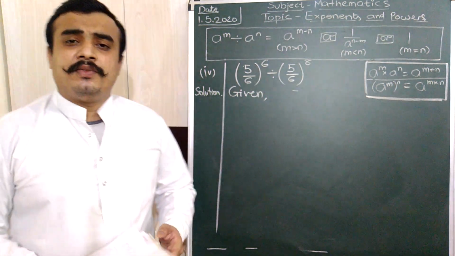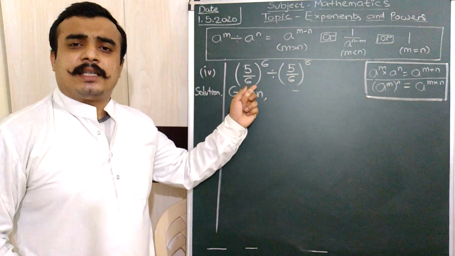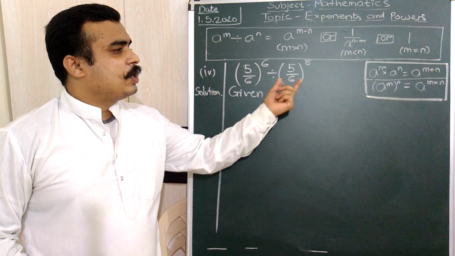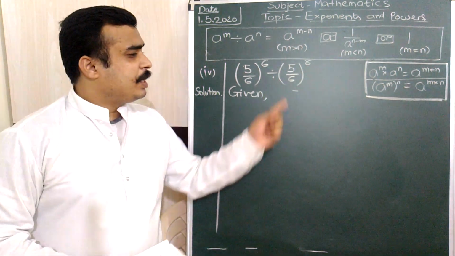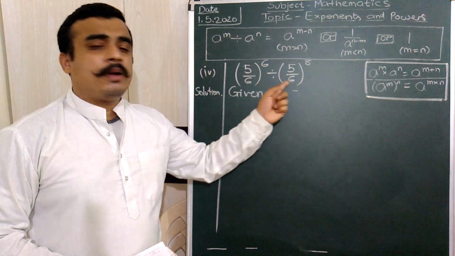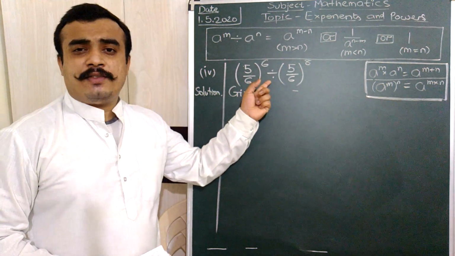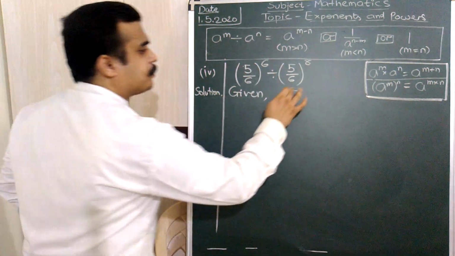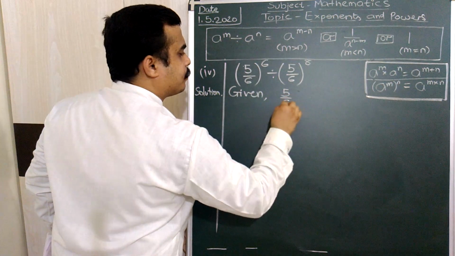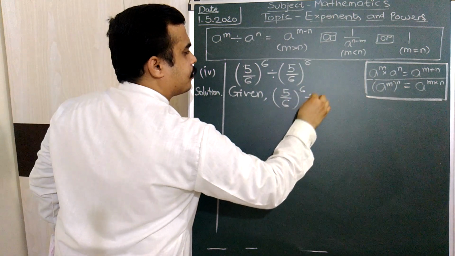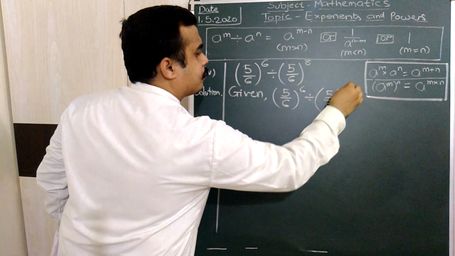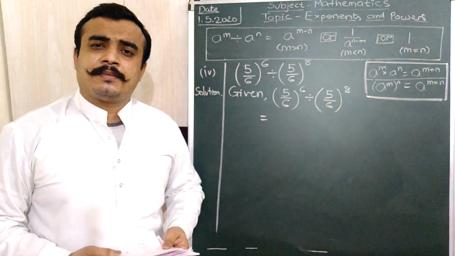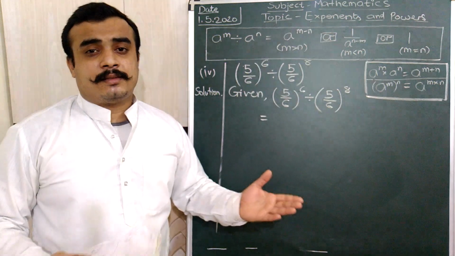So here we have 5 upon 6 raised to the power 6 minus 5 upon 6 whole raised to the power 8. So here we have a common base and also we have divide. So here we can use the third law. But when we compare this with the third law, we have to observe the powers.